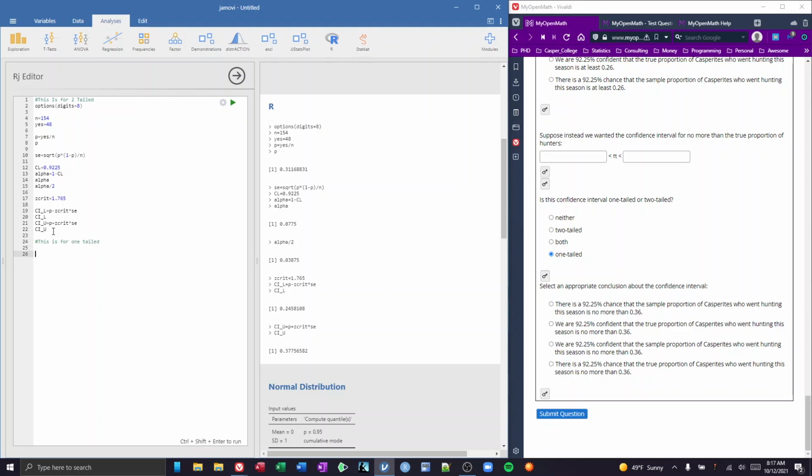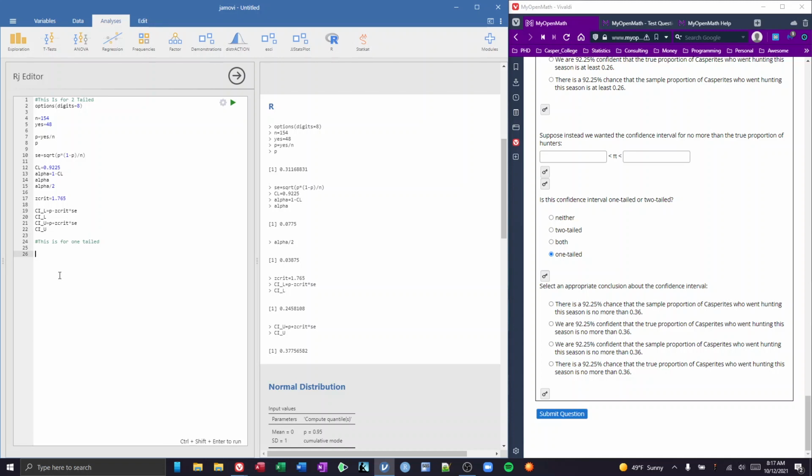Okay, so our sample size and our sample proportion, all of that stays the same. The standard error, heck, that even stays the same. The only thing that changes is a little bit of our confidence intervals. So now instead of an upper and a lower, we are just looking for the critical spot on one end.